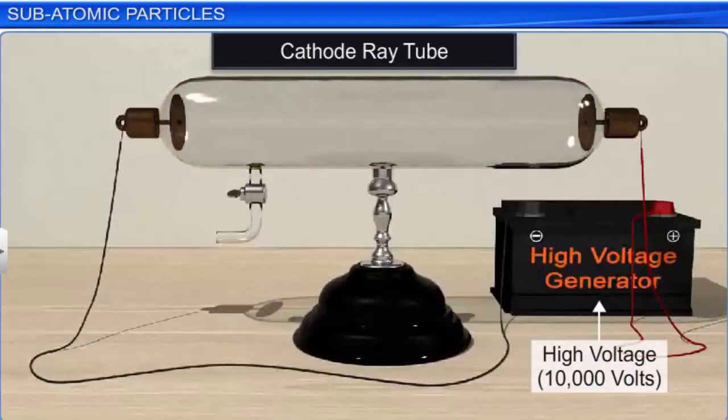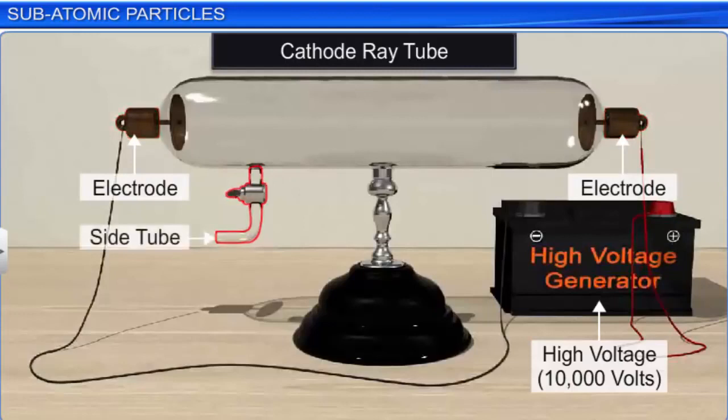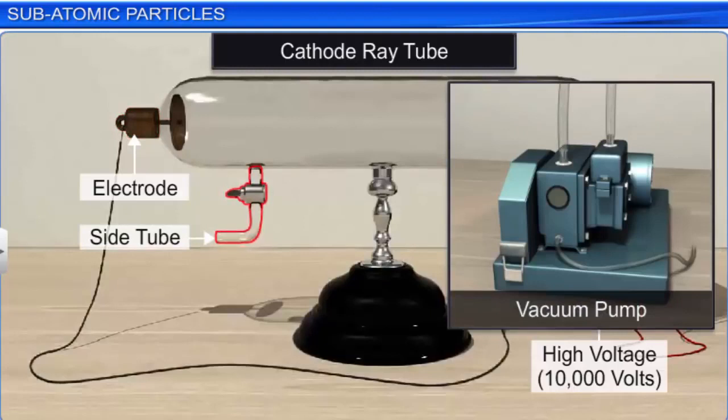The discharge tube was sealed at both the ends and was fitted with a thin piece of metal called electrodes at each end. It had a side tube fitted with a stopcock that connected with a vacuum pump to control the pressure of the gas or air contained inside the tube.